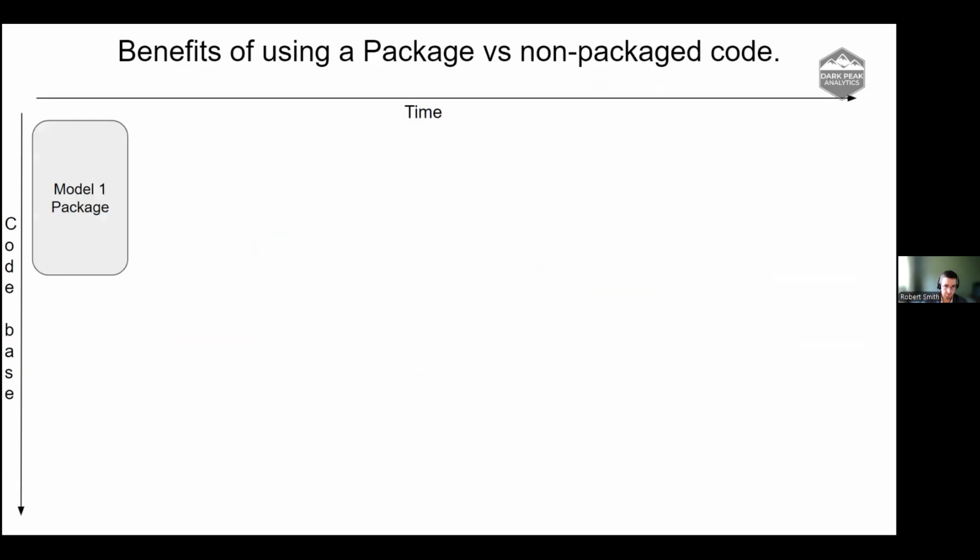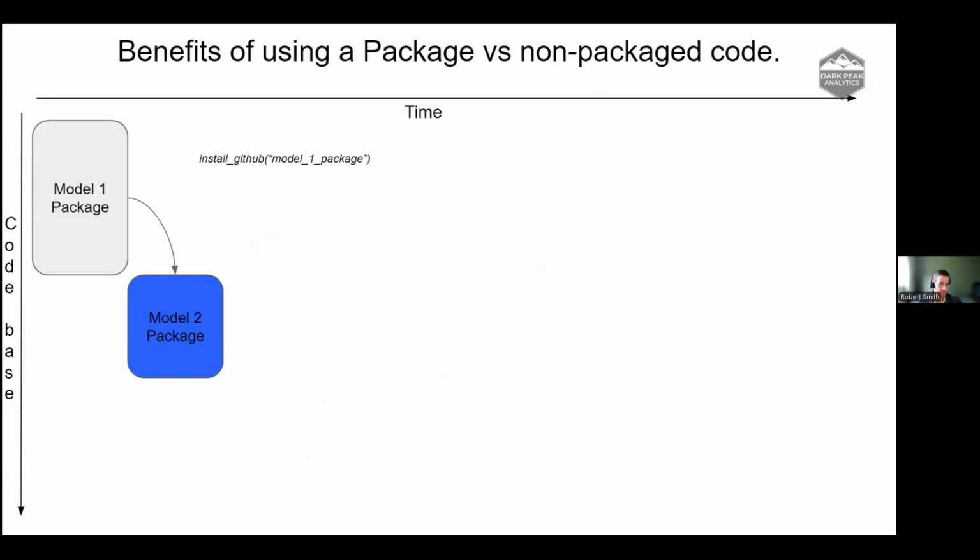And so you might imagine that we have a code base, and for the first model that we build, that contributes quite a lot of code. Well, everything is new, everything is novel in terms of the code base. But the second model we build can use a lot of the code from model one, a lot of the functions. Imagine that every model might do some discounting, and so we don't all need to write the same discount function.